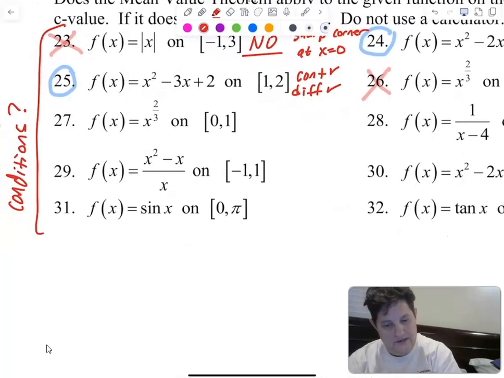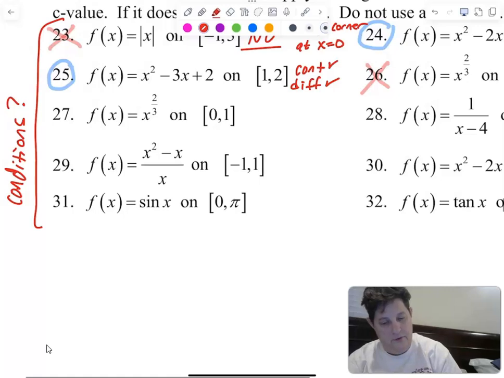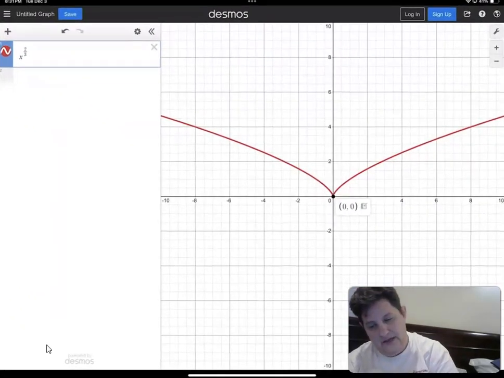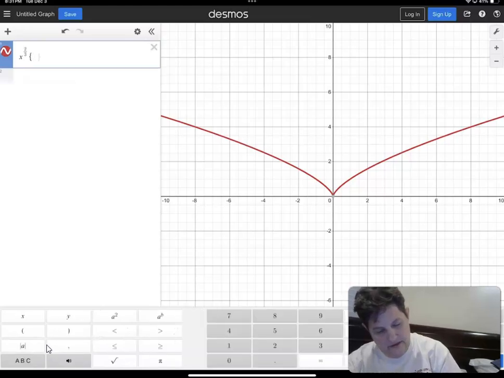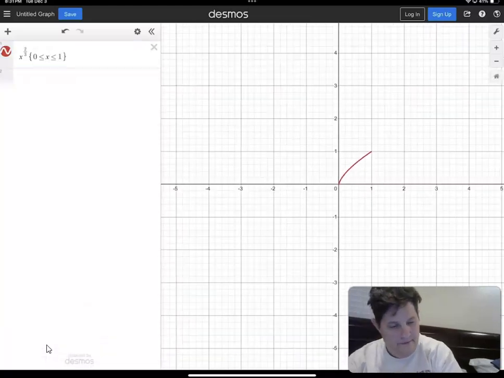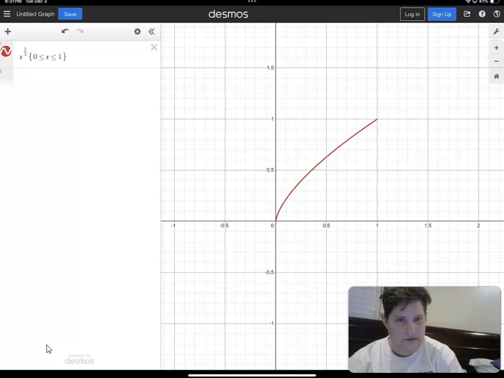Now, how about x to the 2/3 on the interval from 0 to 1? What do you guys think? Is it continuous? Yes. Is it differentiable? Yes. It wasn't differentiable at 0, but 0 is now an endpoint, and it doesn't have to be differentiable there.